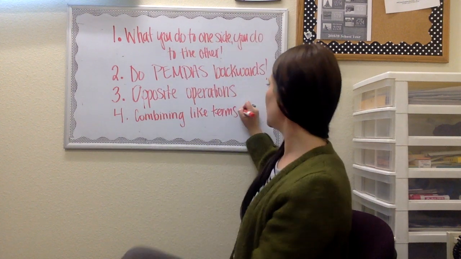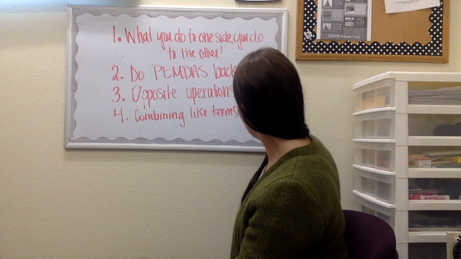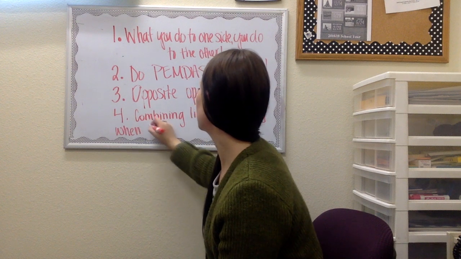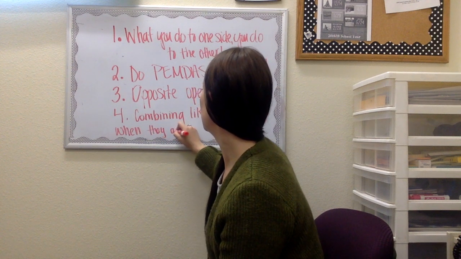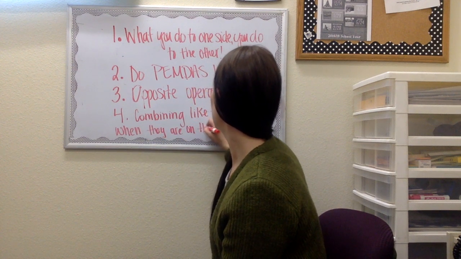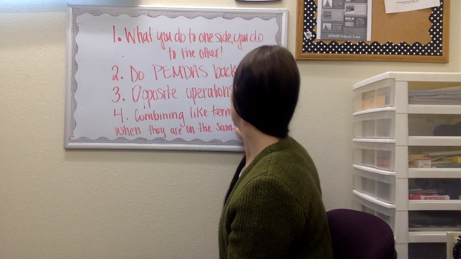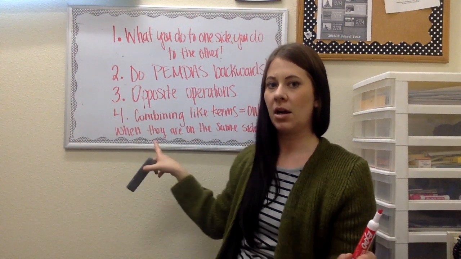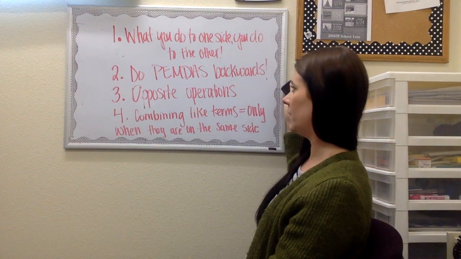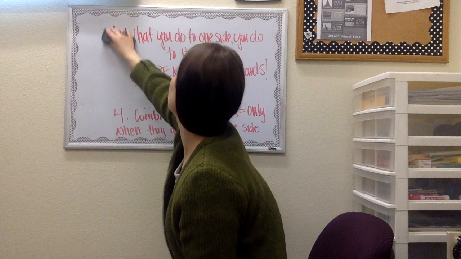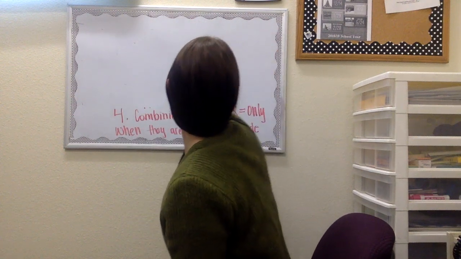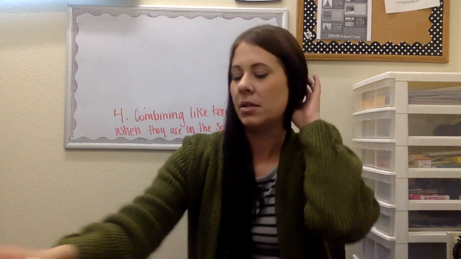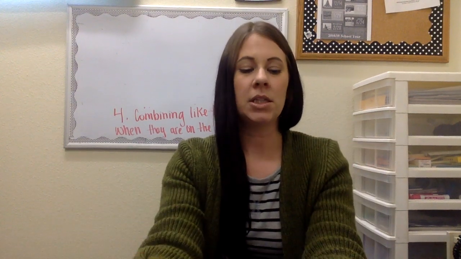But combining like terms is only when they are on the same side of the equals. Okay, I'm about to erase the top rules because I want to talk about number 4. So if you need to, pause the video. So, combining like terms looks like this.